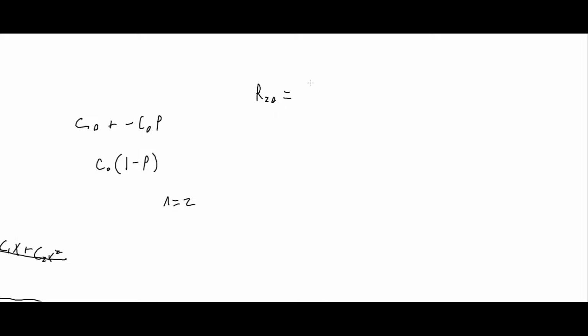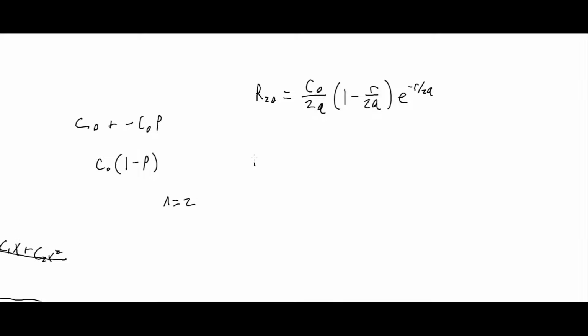So we have our C naught over 2a, then we have our 1 minus, and then I'm going to substitute in the r over na for our rho. So that's r over 2a, because remember n is equal to 2. Then we have our e to the minus r over na with n being 2, so r over 2a, like that.